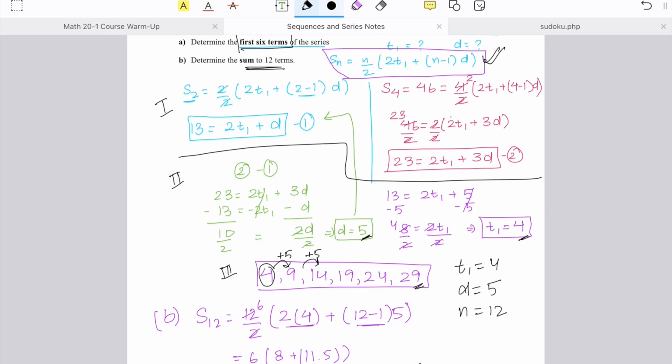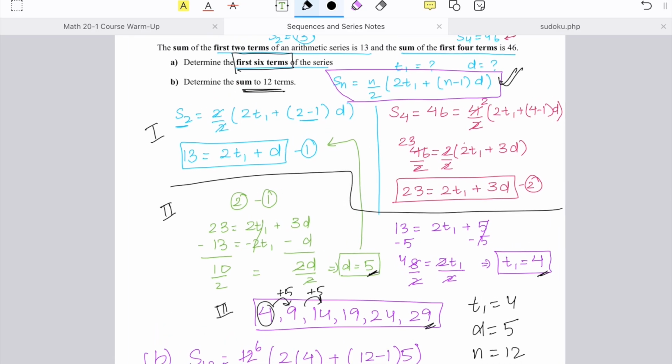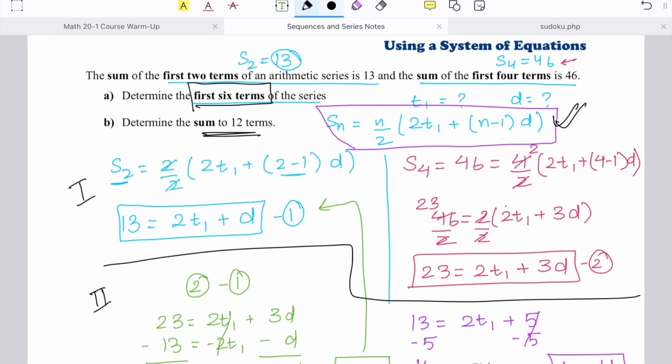How did you get 13, like up there, like 13 equals 2t plus 5? Is that you just picked one of the formulas and used it? Because S1 or S2 is 13. So I just replaced it with 13 from the question. But could you use 23? Or you have to use S2?